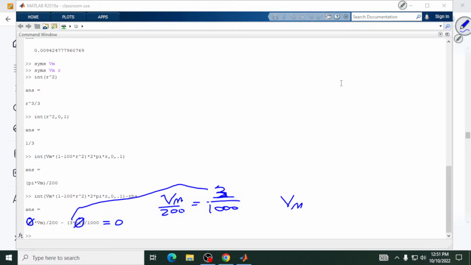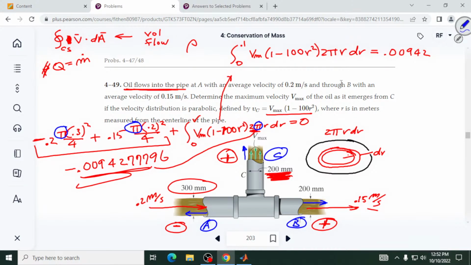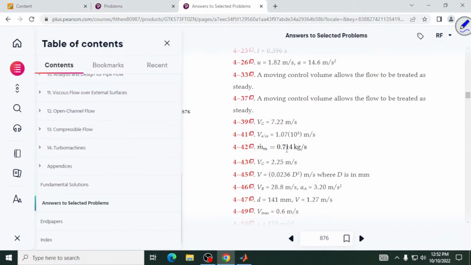So Vm is going to be 2 times 3 is 600 over 1,000, or 0.6, roughly. So let's see. 0.6. There it is.